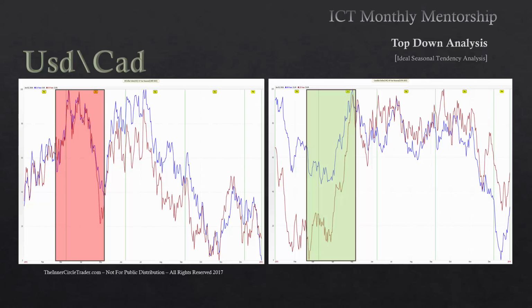We could be in a long-term consolidation, but say the Canadian dollar is in a bullish uptrend, you're focusing in on that time of year where March, April creates a low in the Canadian dollar and it rallies up into May.